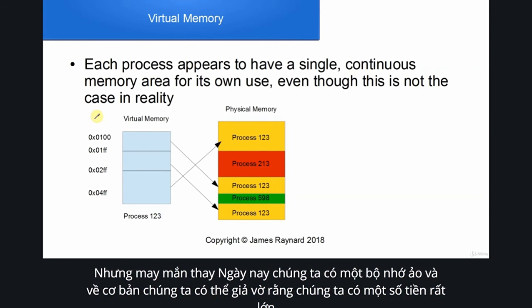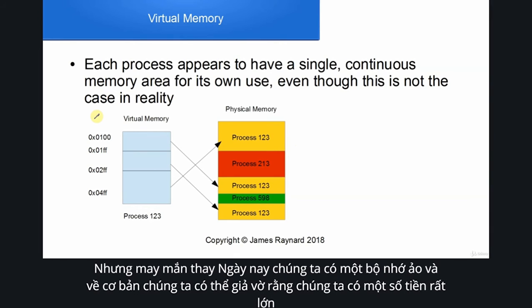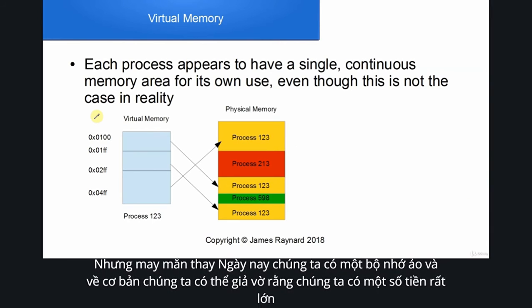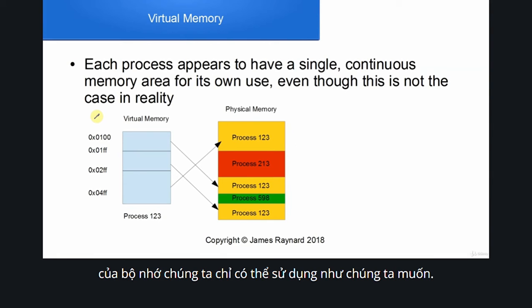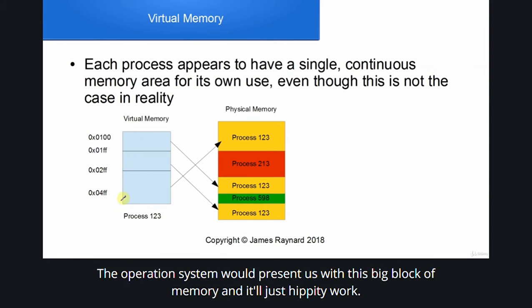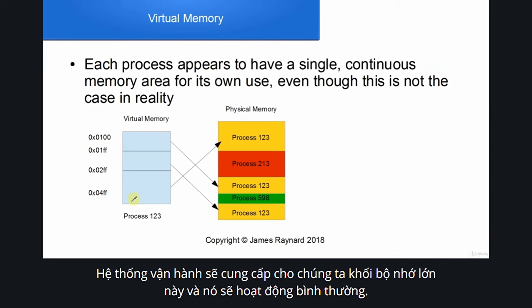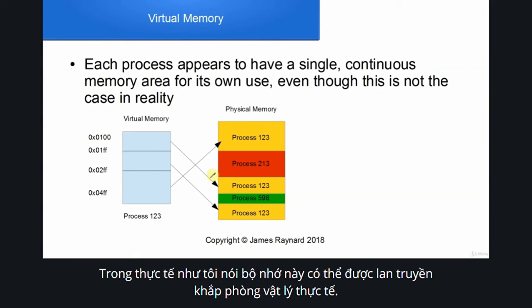But fortunately, nowadays we have virtual memory, and we can basically pretend that we have a huge amount of memory we can just use as we wish. The operating system will present us with this big block of memory, and it'll all just appear to work. In fact, as I say, this memory could be spread all over the actual physical RAM.